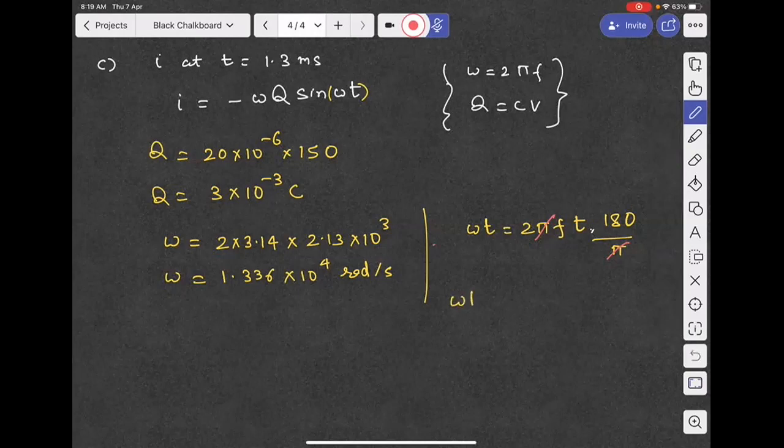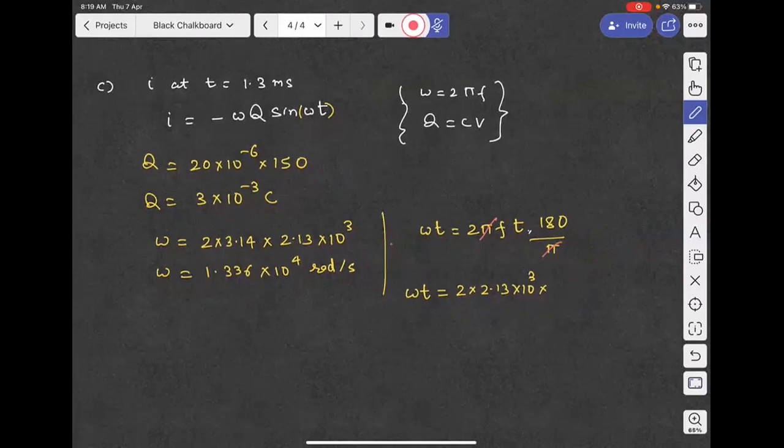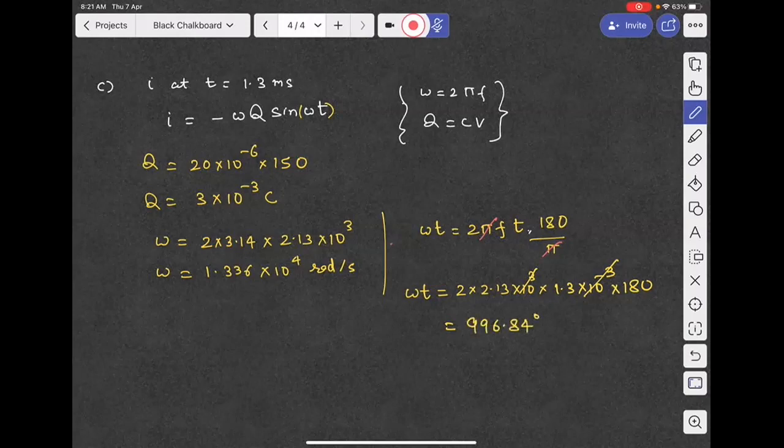And rewriting omega t in the form of degree, it will become 2 into frequency, which was 2.13 into 10 to the power 3, multiplied to 1.3 millisecond, multiplied to 180. This will give us omega t in the form of degree. Here also these two quantities will get cancelled out. This comes up to be 996.84 degrees.